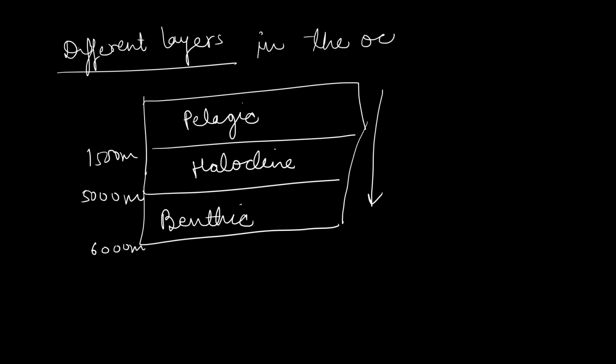Based on these layers, as we have seen in the previous diagram, going to depth there is some variation in the salinity. In the case of pelagic, this variation is there. I mean to say that at 90 degree and 0 degree, here more salinity, here lesser salinity, here more salinity at the surface.